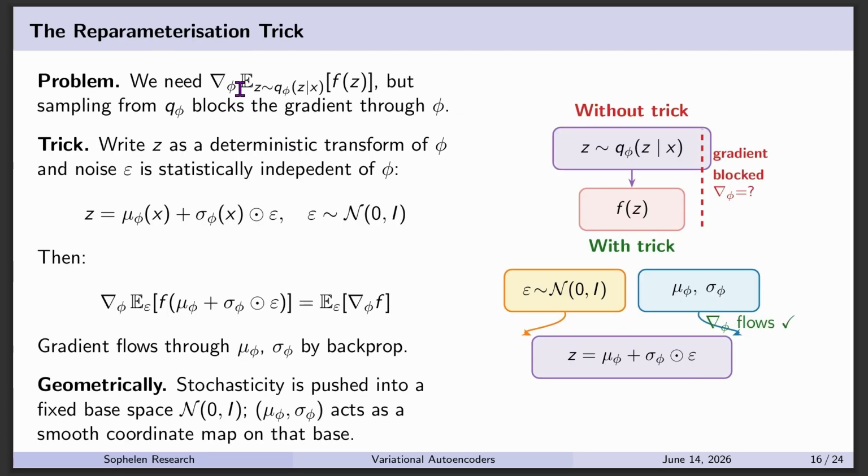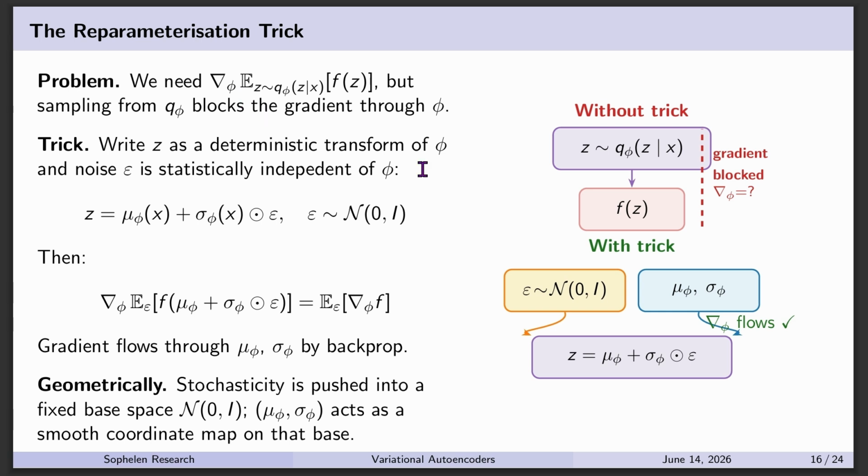Now recall that we want to maximize log of p of x, and log of p of x is equivalent to the expected value of that particular function we saw earlier in the derivation of the ELBO, right? So to maximize it, we have to find a gradient with respect to phi, our encoder. But the problem is the act of sampling is not differentiable, so we can't take the gradient.